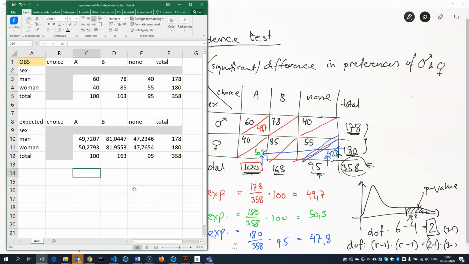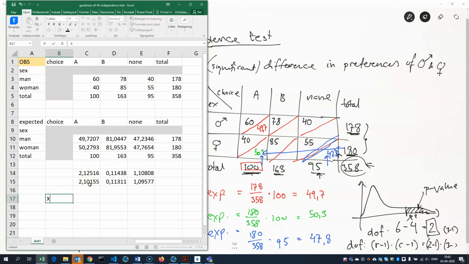So the first chi-square term is the observed minus the expected squared divided by the expected. And then you can just copy this like that, and then you have the chi-square terms for each of these 6 cells here.